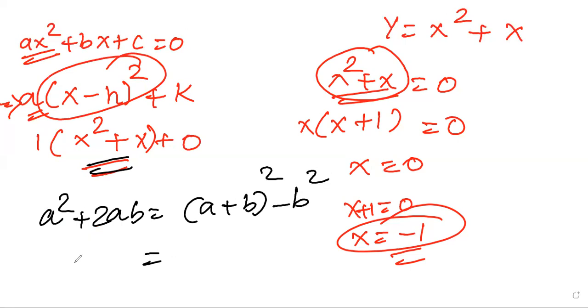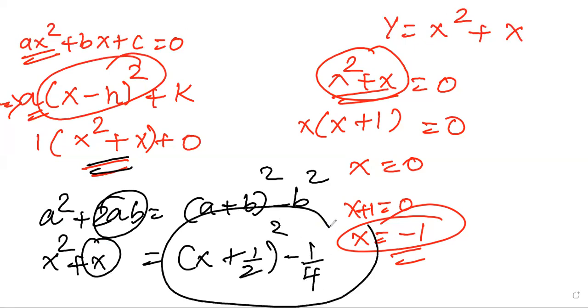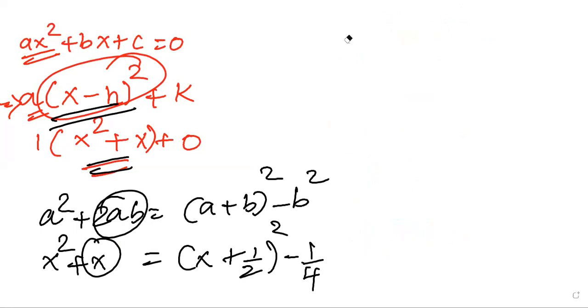So for x square plus x, the value of a is x here. And how do you find b? 2b is equal to 1, so b is 1 by 2. 1 by 2 the whole square is 1 by 4, and you have to place this over here. a times a is 1 only, so it's x minus h.